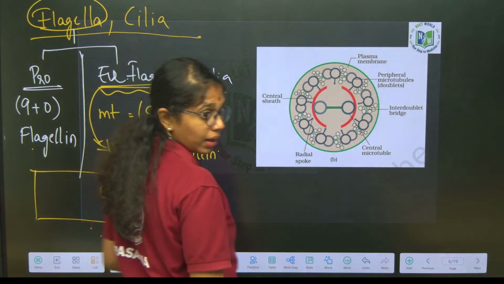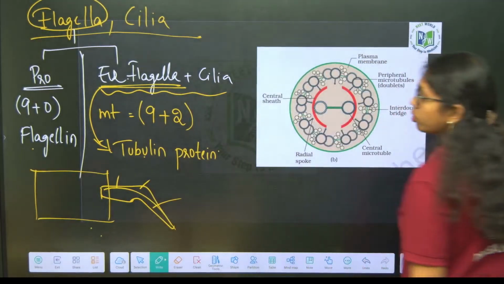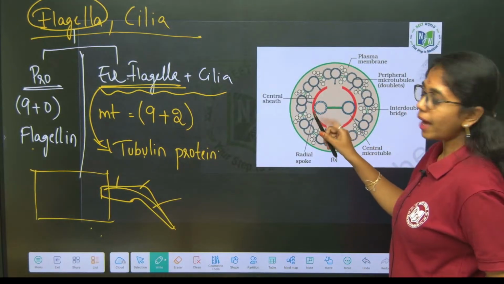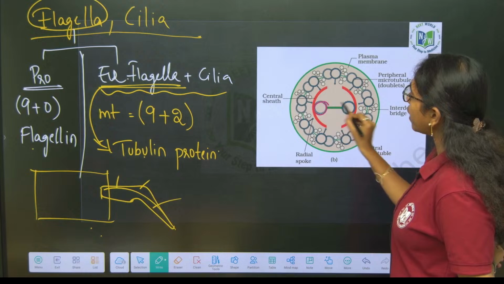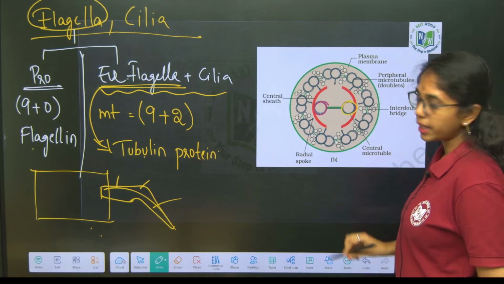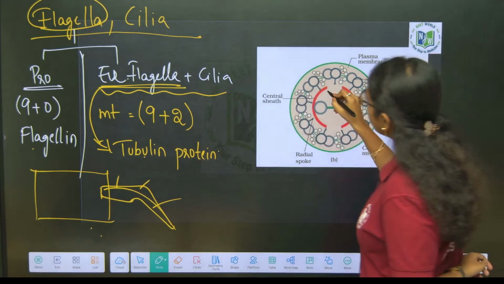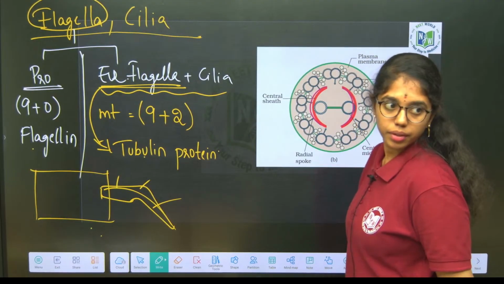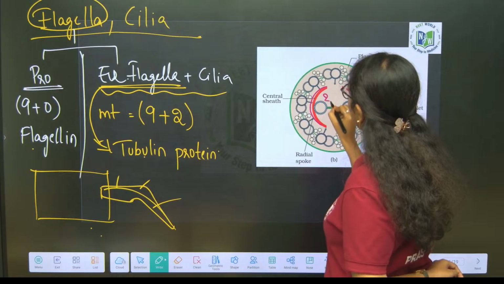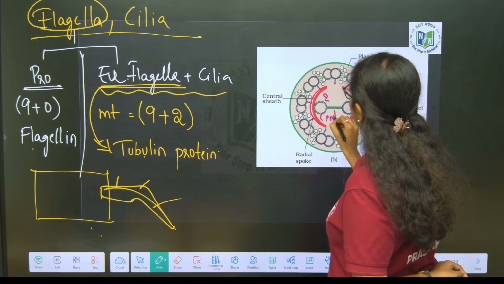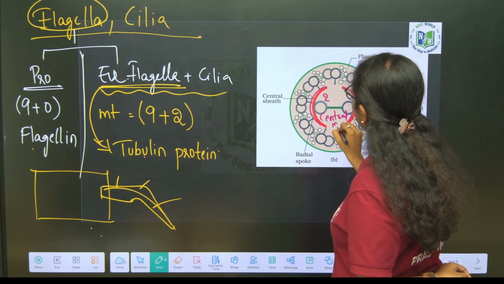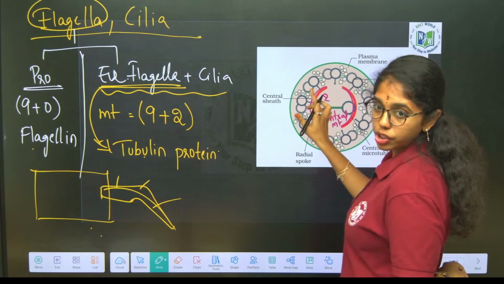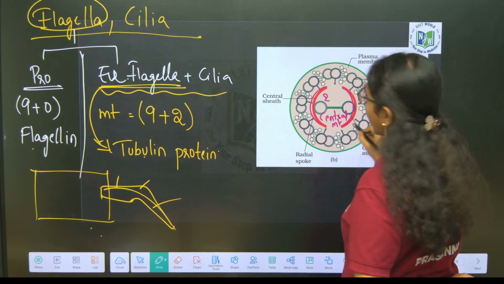Now you see this 9+2 arrangement. Any other doubt, ma? Here you see at the center you can observe two central microtubules. These two central microtubules are covered or capsulated by a central sheath. So, from this central sheath 9 radial spokes are radiating out.